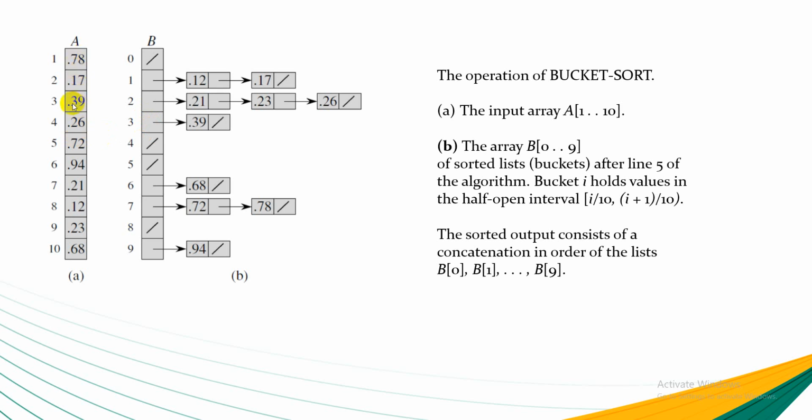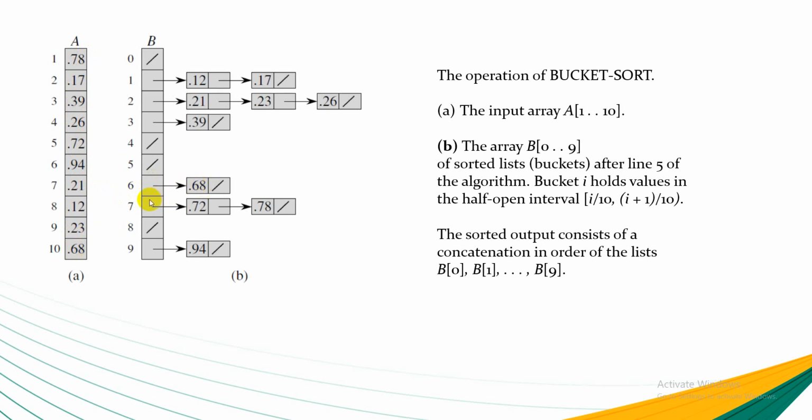We will have 0.39, and that's it, only one element. The fifth interval from 0.4 to 0.5, there is nothing. From 0.5 to 0.6, also nothing. From 0.6 to 0.7, we will have 0.68, only one element.